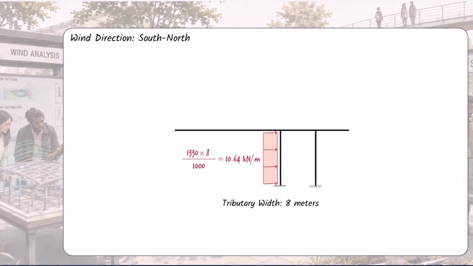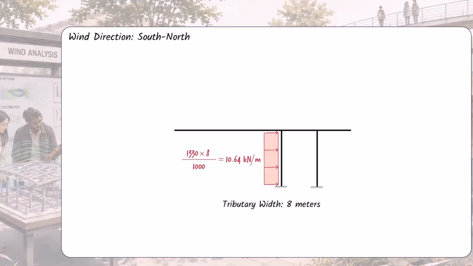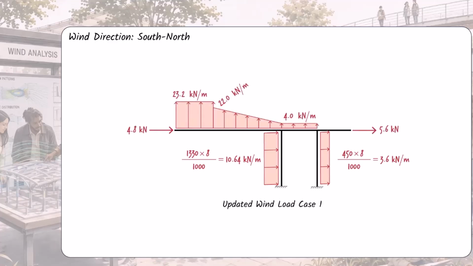Using a tributary width of 8 meters, these pressures correspond to distributed loads of 10.64 kilonewtons per meter on the south side and 3.6 kilonewtons per meter on the north side. Therefore, load case 1, representing wind in the south to north direction, must be updated to include these additional forces.